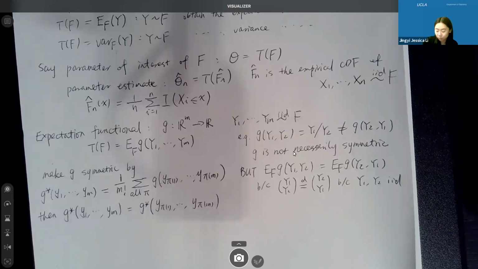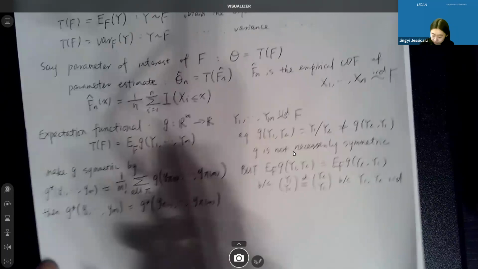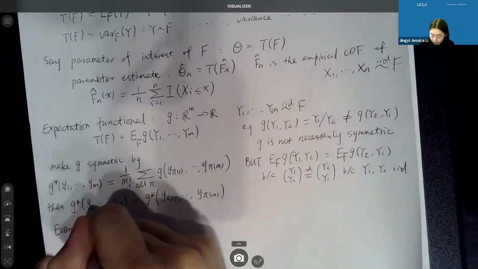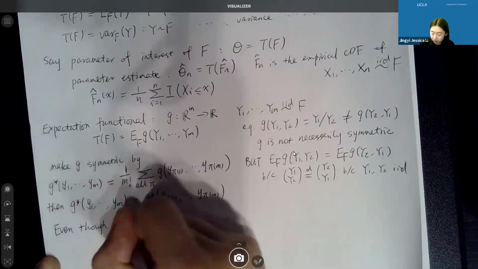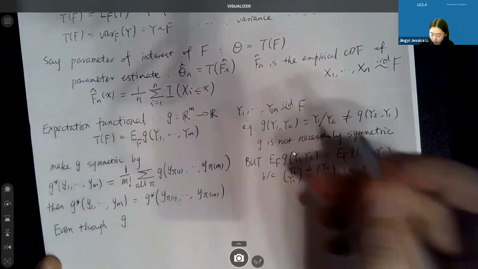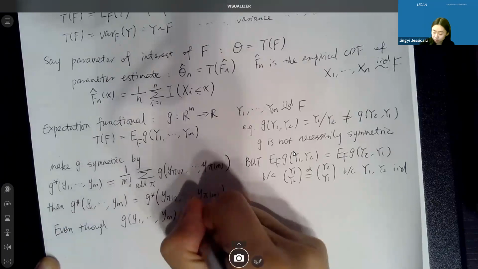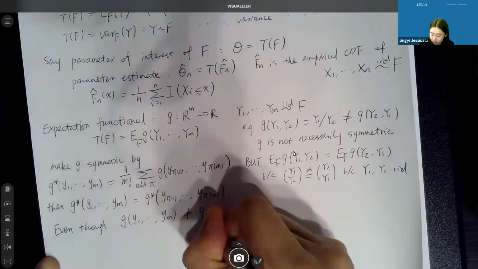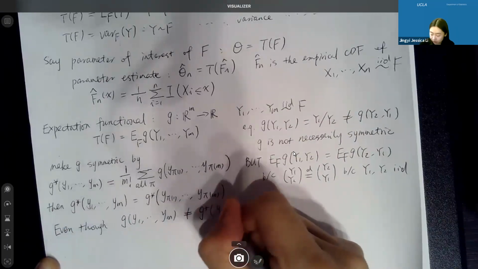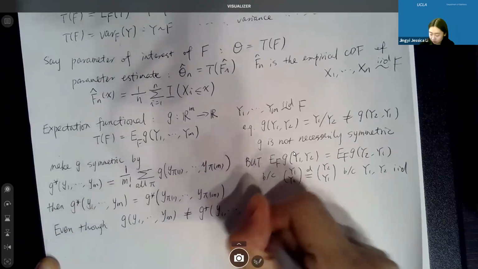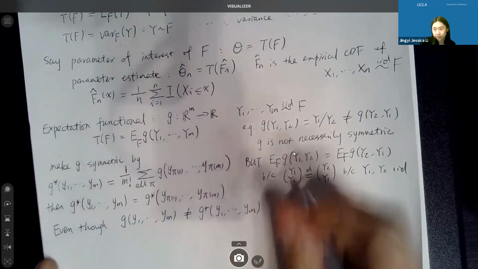To make G a symmetric version. The reason is that clearly G, so let's say Y1 to Ym, may not be equal to G star Y1 to Ym. That's possible if G is not symmetric.